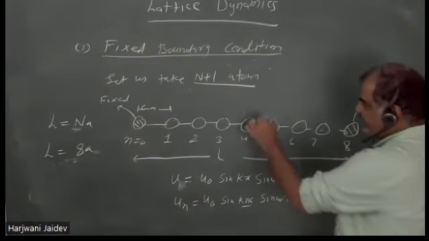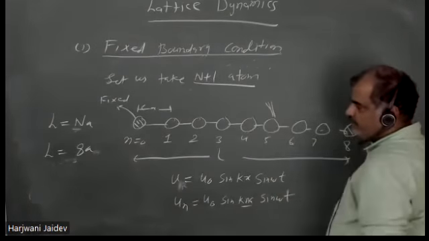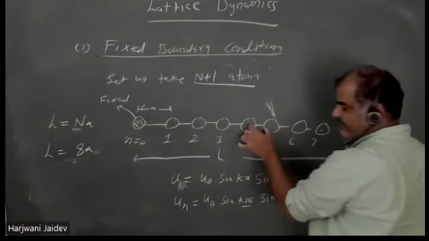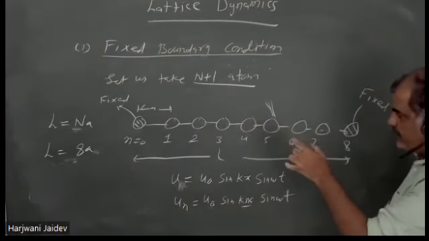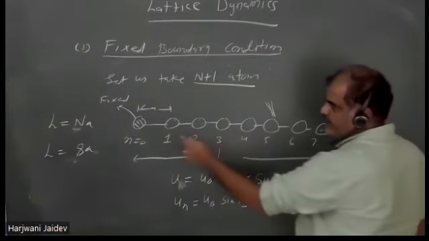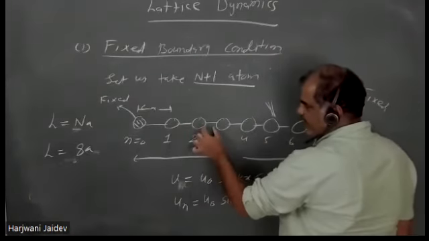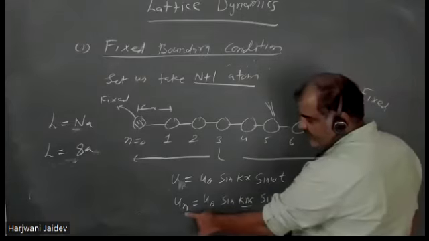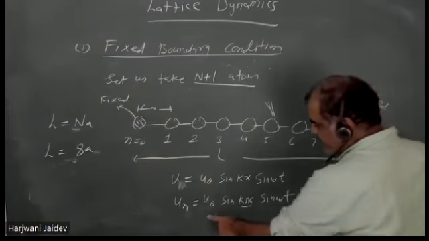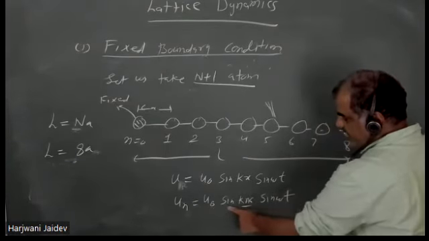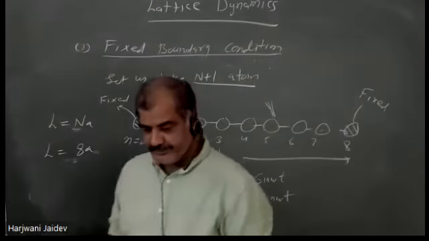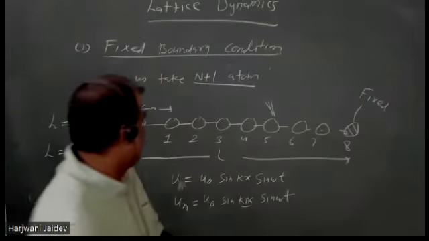For example, for the fifth atom, x will be a, 2a, 3a, 4a, 5a. For the fourth atom it will be 4a. So for the nth atom, the amplitude can be written as u0 sin kna sin omega t. Is that correct?